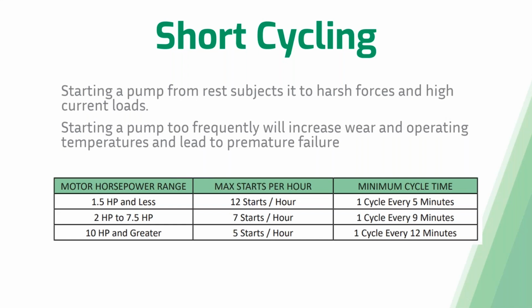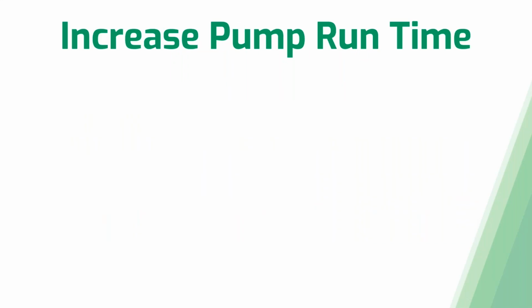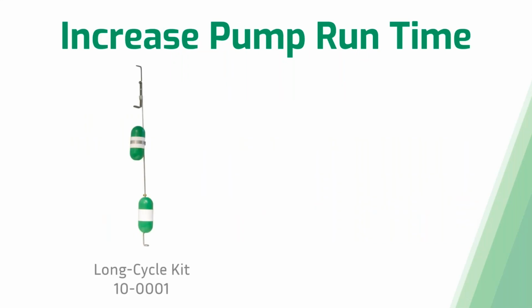Now, how exactly do you ensure that you are staying below these maximum starts per hour? The way you can do that is by increasing the pump runtime. If you have an application where your pump is starting on and off too many times per hour, you can increase the pump runtime. For automatic pump systems, you can use what's called a long cycle kit.